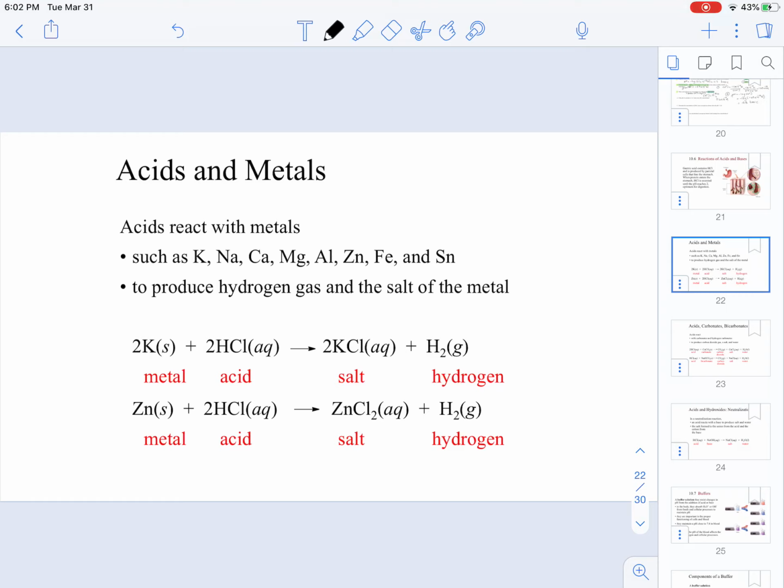Acids are going to react with metals such as potassium, sodium, calcium, magnesium, aluminum, zinc, iron, or tin. When that happens, you are going to be producing hydrogen gas and a salt. If we look at the classifications we've seen before, this is an example of a single replacement reaction.